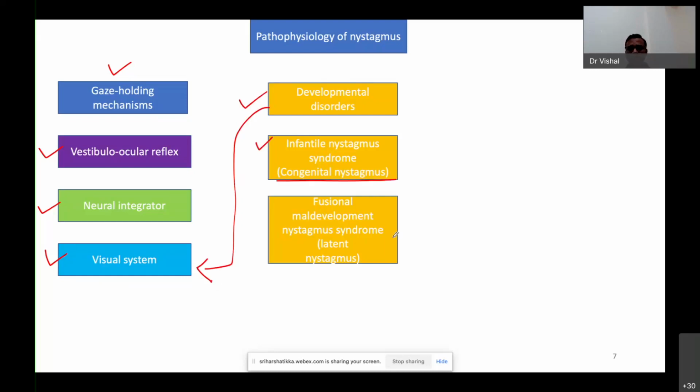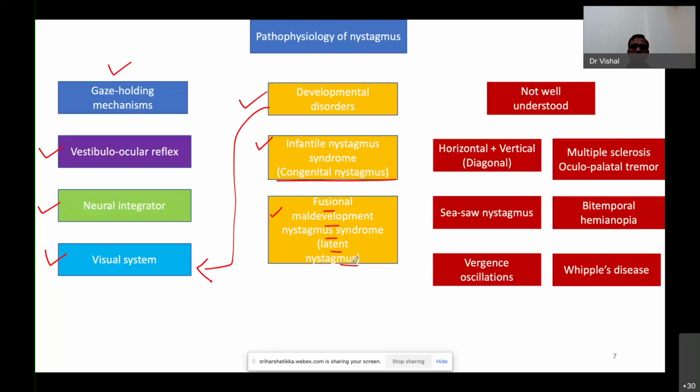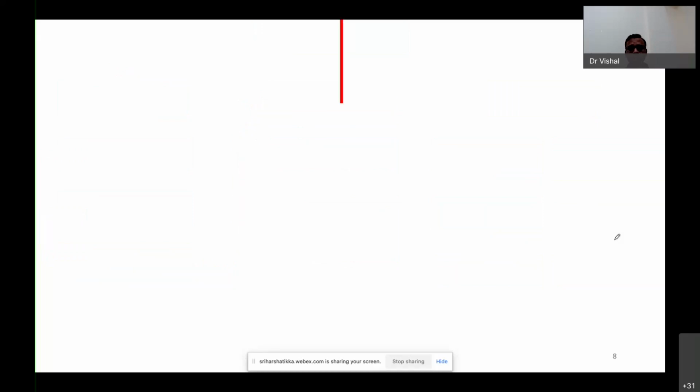Or there is another type called fusional maldevelopment nystagmus syndrome or latent nystagmus syndrome. And there are certain varieties of nystagmus where the exact localization or exact pathophysiology is not known.